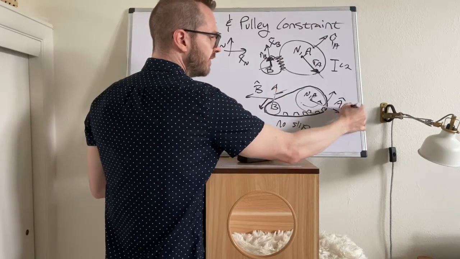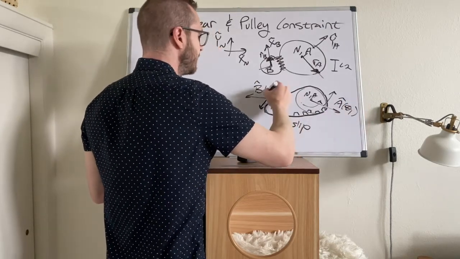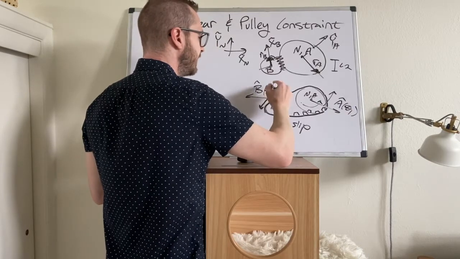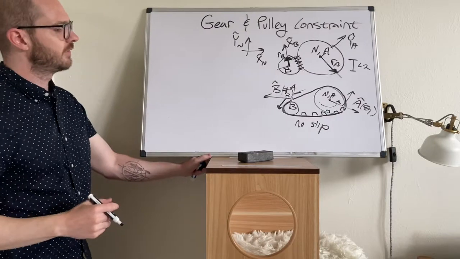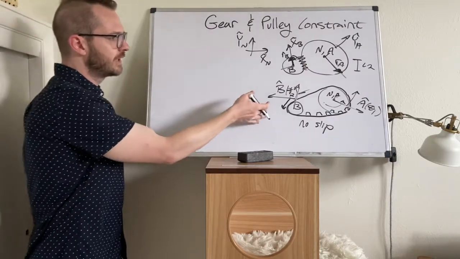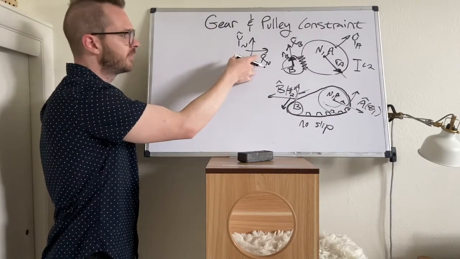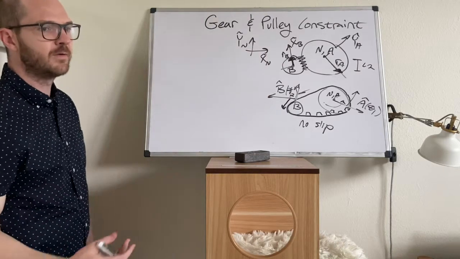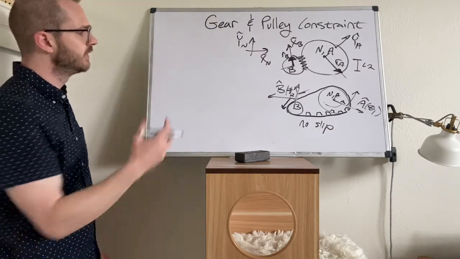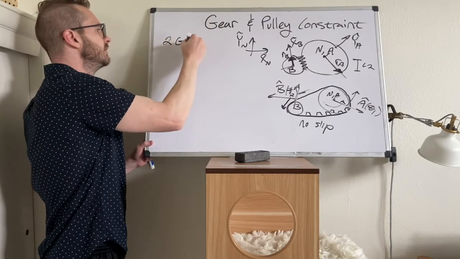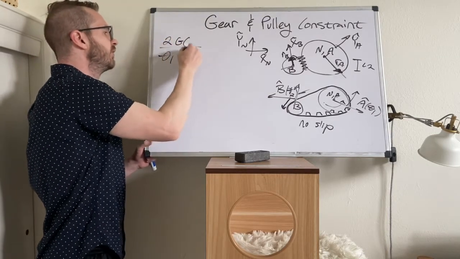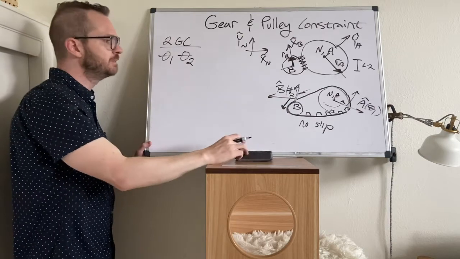A frame is going to be a function of theta 1. B frame is going to be a function of theta 2, just like we saw in the gear. So the setup for the belt and pulley is actually exactly the same as the setup for the gear. The only difference now is the constraint equation. So in the belt and pulley system, we have two generalized coordinates. They are theta 1 and theta 2.